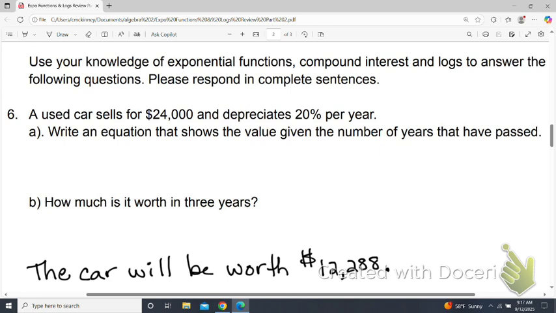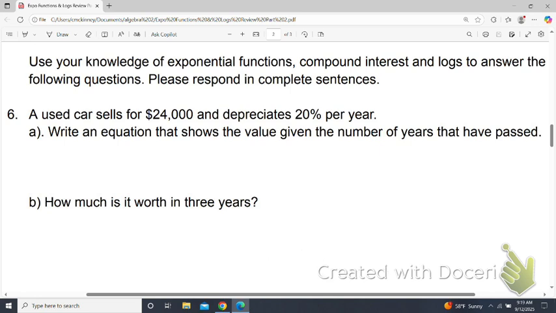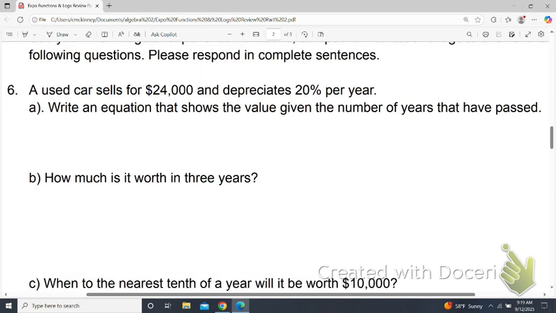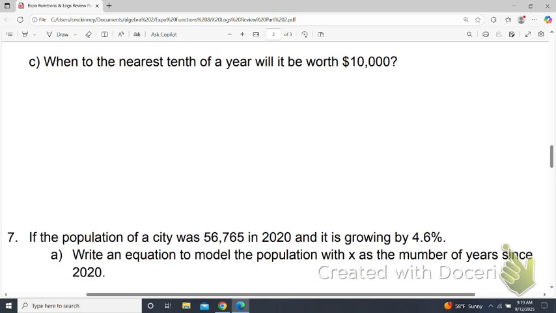Still thinking about that same equation that you wrote in part A. So now it's asking about time, and I've told you here to the nearest 10th of a year, which means we're going to keep 1 decimal place. And we want to know when the value is going to be $10,000.